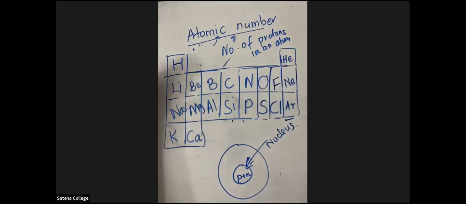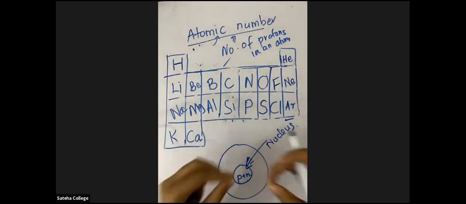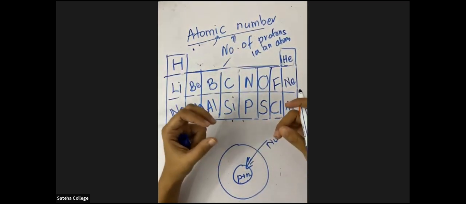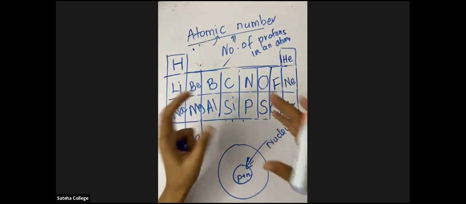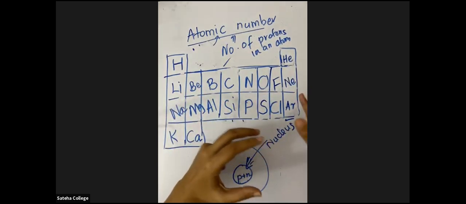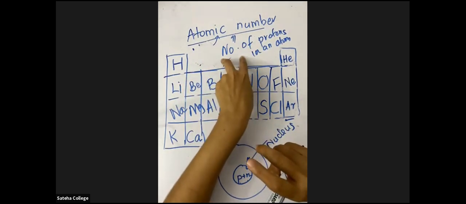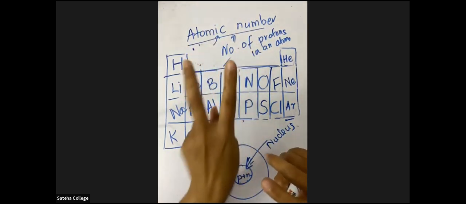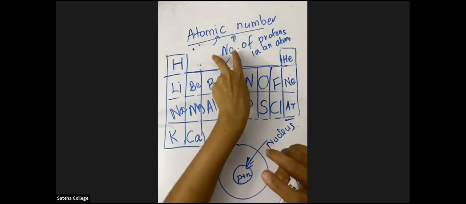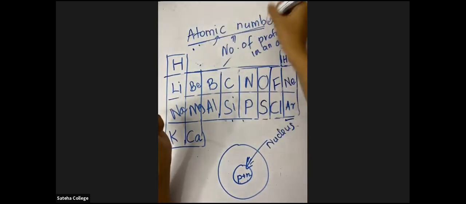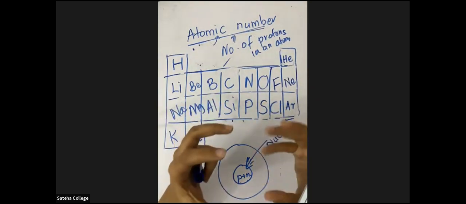So when you take an atom, is the proton number changing from atom to atom? Yes. Can two atoms have the same proton number? It can't. That means for an atom, the proton number is unique.